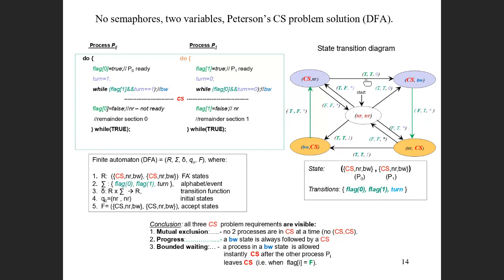So the upper arrow T0 is leading to the same process P0, or you may go through NR and back to CSBW. So you have 2 ways of passing to the critical section if process P0 is willing to be executed twice or several times in a row.